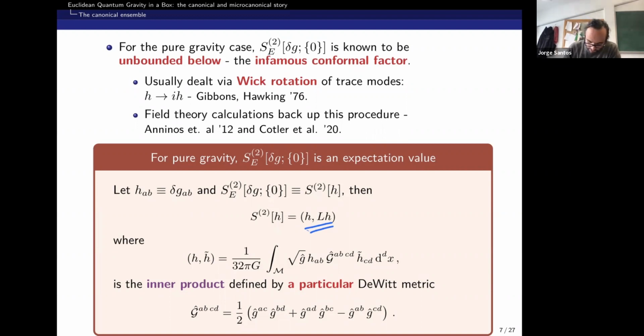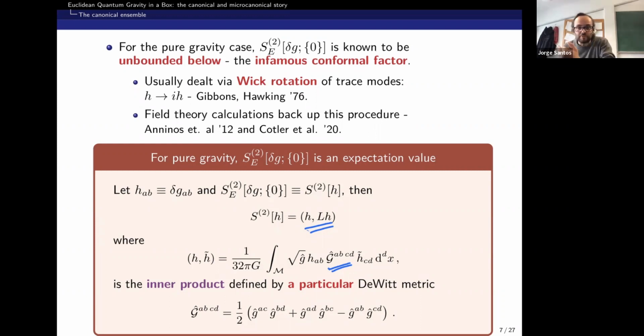This inner product takes this form, okay? There's a natural metric that appears there, a metric on the space of configurations. It's a particular member of the DeWitt metrics. So DeWitt metrics are metrics that appear on the space of configurations, on the space of metrics, that are ultra-local. They do not depend on derivatives, okay?